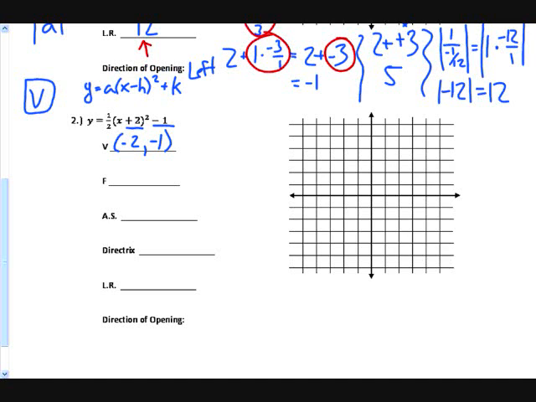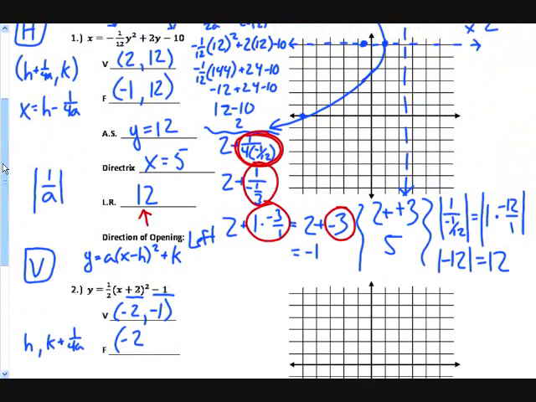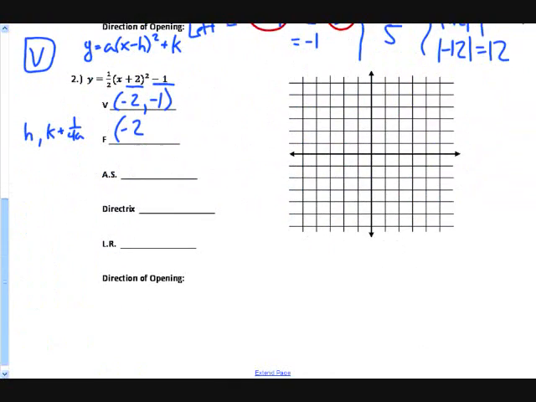Now I just have to go right down through my list again. Here, it's going to be h, comma, k plus 1 over 4a. So the h stays the same this time. Remember, up here, because it was horizontal, the k stayed the same. Down here, it's vertical. So now the h stays the same. So -2 comma, I got to take this off to the side.